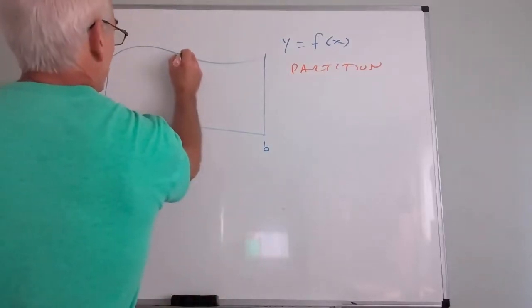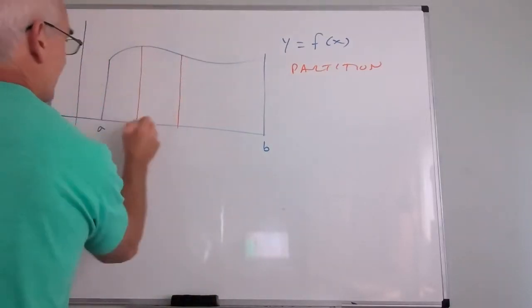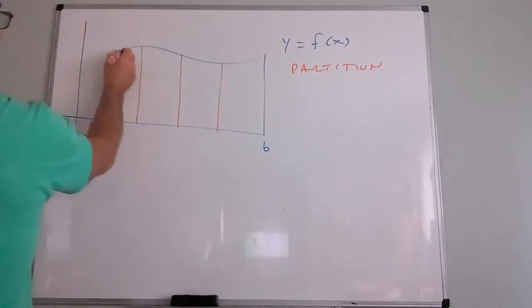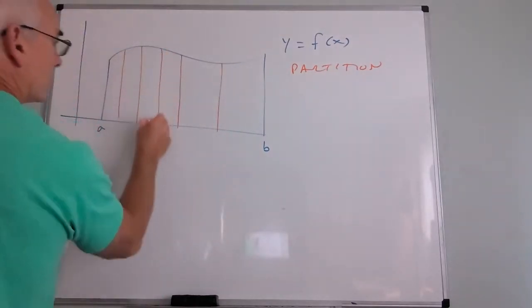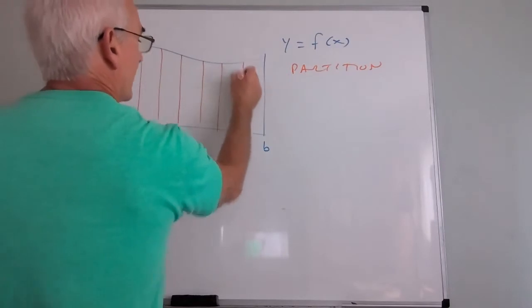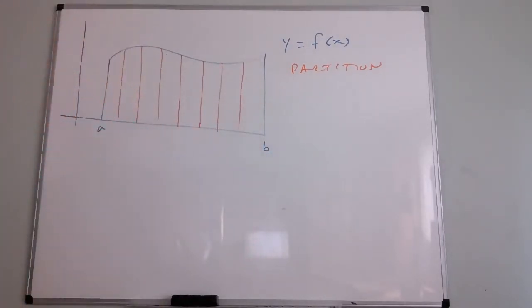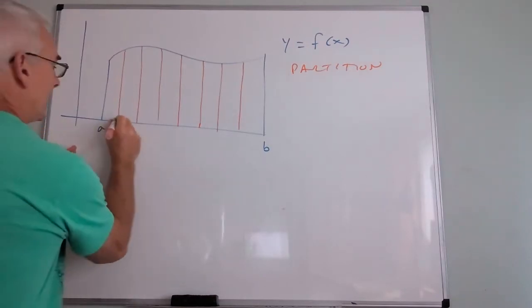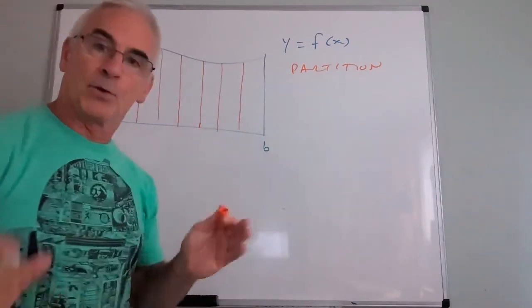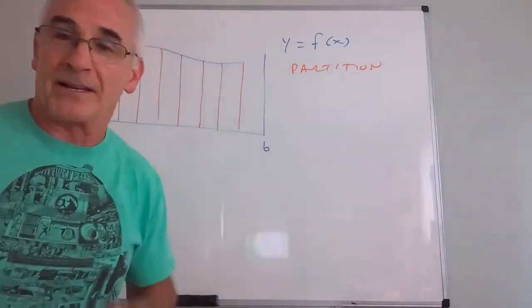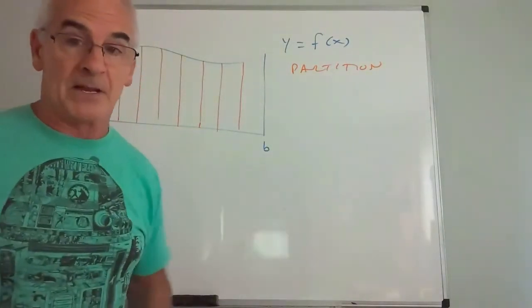Just imagine I'm going to keep splitting it in half, whatever n is. I'm going to have n partitions of equal width, or n sections, however you want it. n is finite. There will be a limit at some point.